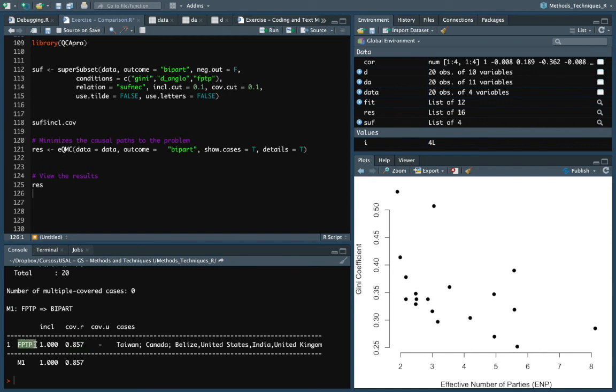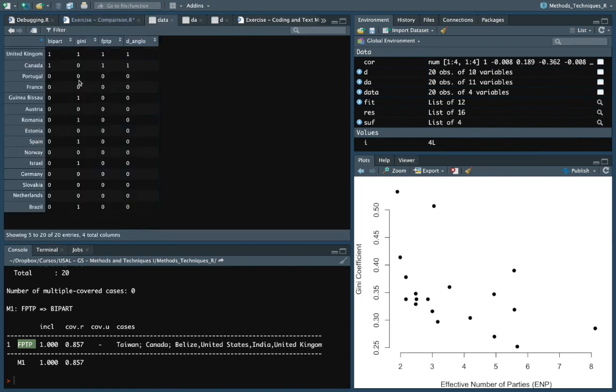So the software gives us this as the solution, the most probable cause for bipartisanism. So this is another way of using data or using logic to solve the problem.